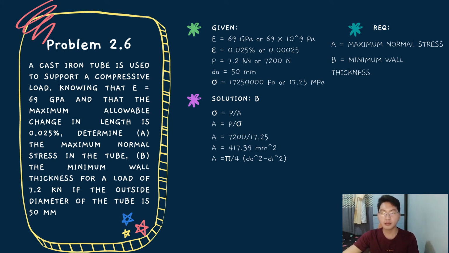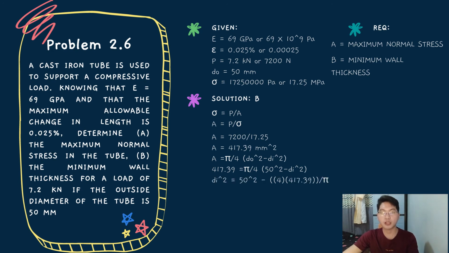So in finding the minimum wall thickness, we need to first identify the value of di. Since we already have the values of dO and A, we can just substitute into the formula. So 417.39 is equal to pi over 4 times 50 squared minus di squared. Then we need to isolate di squared.